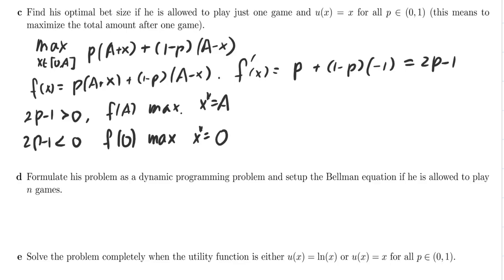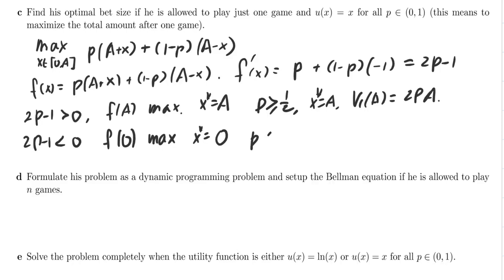So we have the following conclusion. If p is greater than 1/2, equal is also okay, then we should bet everything, and the optimal expected return, v1 of a, is going to be equal to 2p times a.